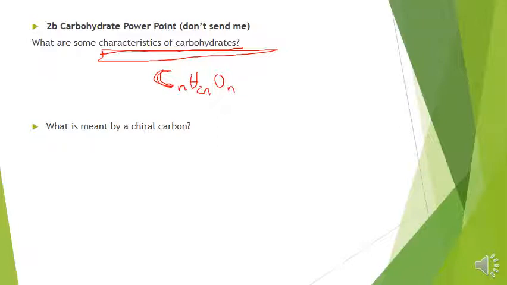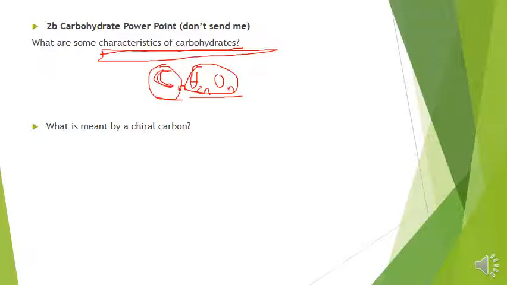So if I have 6 carbons, I will have 12 hydrogens and 6 oxygens. The ratio is for every 1 carbon there's an H2O, and that's actually where carbohydrates gets its name from. It looks like it has a carbon with a water attached to it.